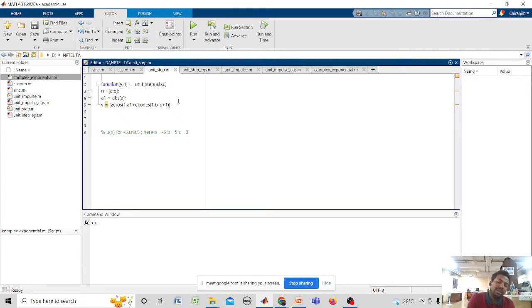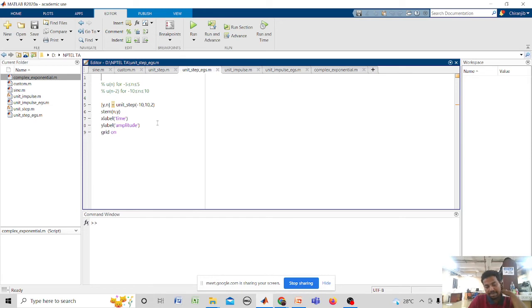And if we want to plot the u[n] that's not shifted, we will have c equal to 0. So this function will plot zeros from minus 5 to 0 and 1 from 0 to 5.